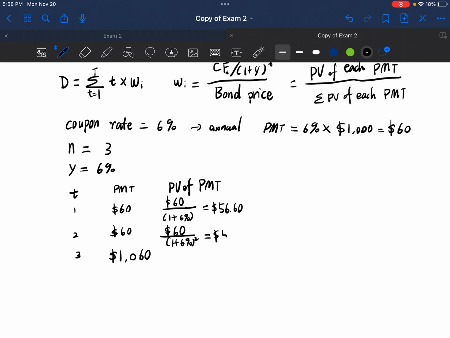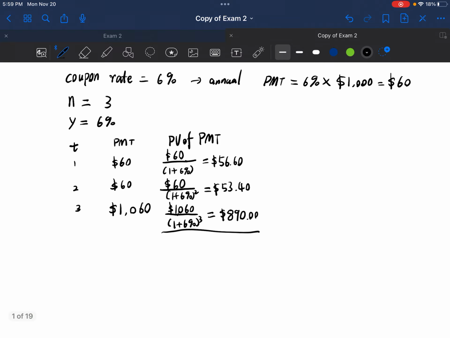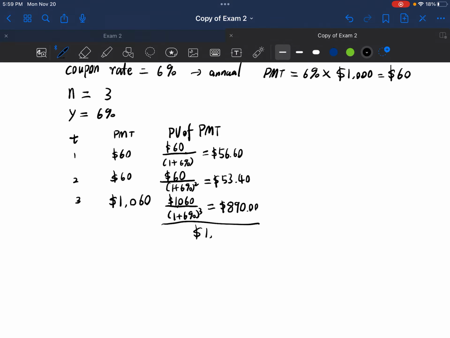That gives us 53.4. Third year, it would be 1060 over 1 plus 6% to the power of 3. That gives us 890. If you add them together, it gives you $1,000.